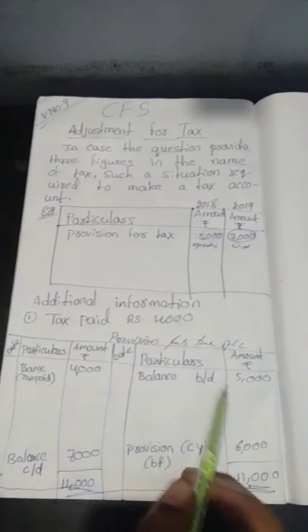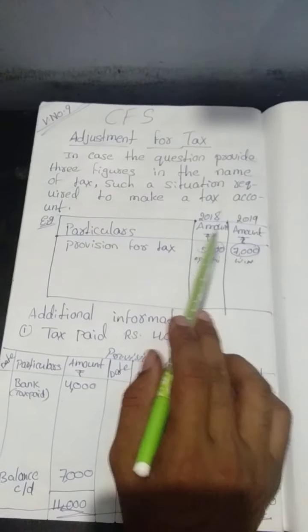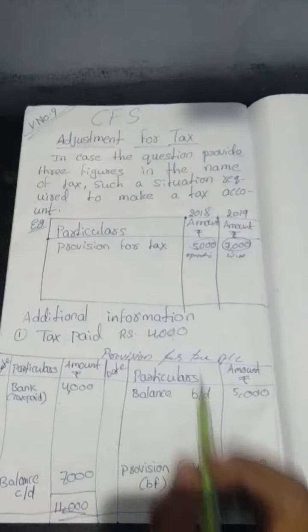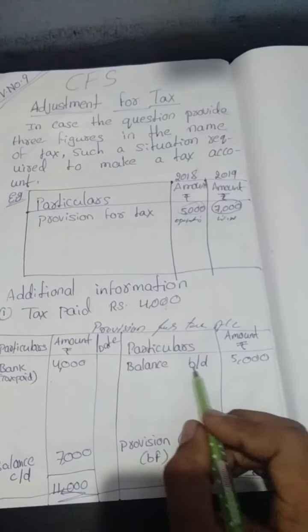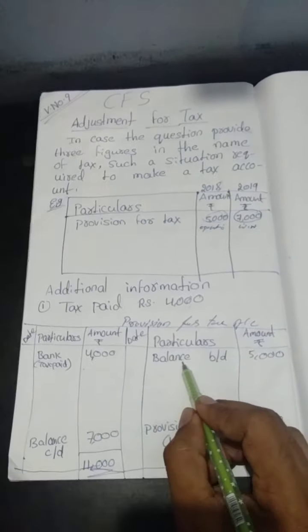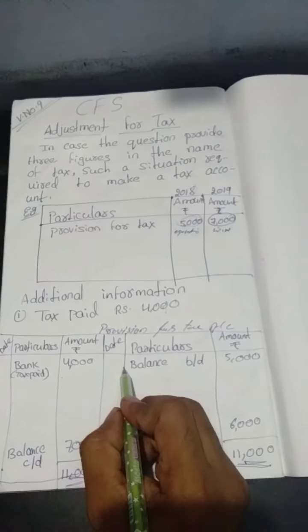First of all, we take the base year's amount, which will be the opening balance for the current year.